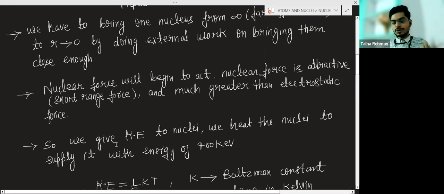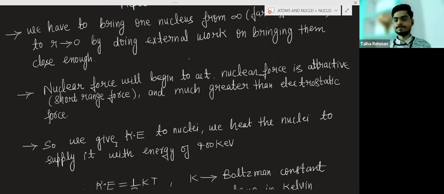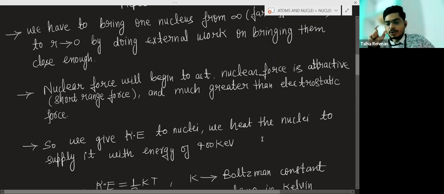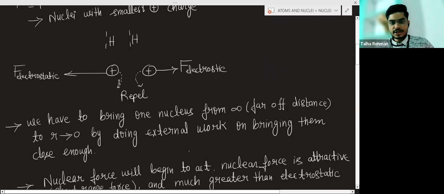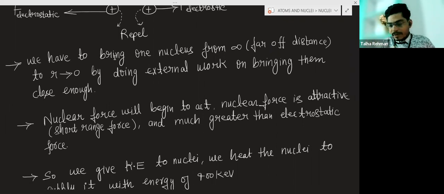So I told you we will give kinetic energy to the nuclei so that the nuclei can come closer. How can we give kinetic energy to the gas molecule? This hydrogen is a gas, na? So you will give kinetic energy in the form of heat. You will give the heat, and the molecules will vibrate. Basically, you are giving vibrational kinetic energy.